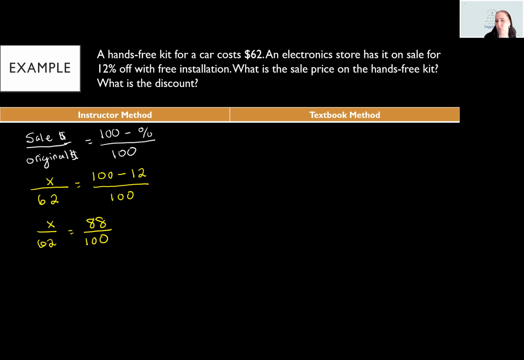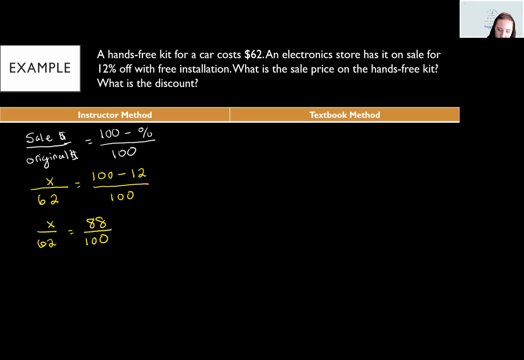That's really what discounts are doing: removing percentages so that you have a different amount remaining. Sometimes I'll see people try to do 12% and then subtract the dollar amount instead of subtracting the actual percentage, and it doesn't quite work that way. But if you set it up with a proportion, you don't really think about any of that. You just plug in your numbers and do the math.